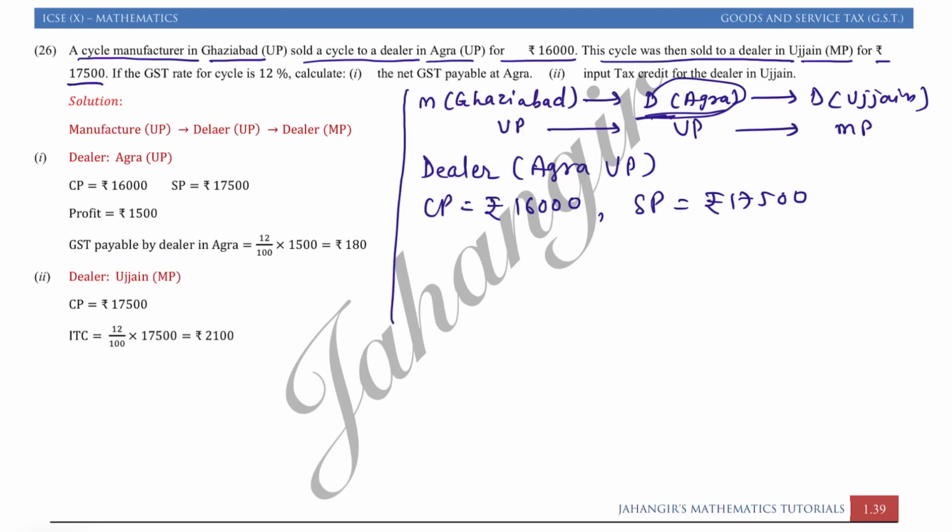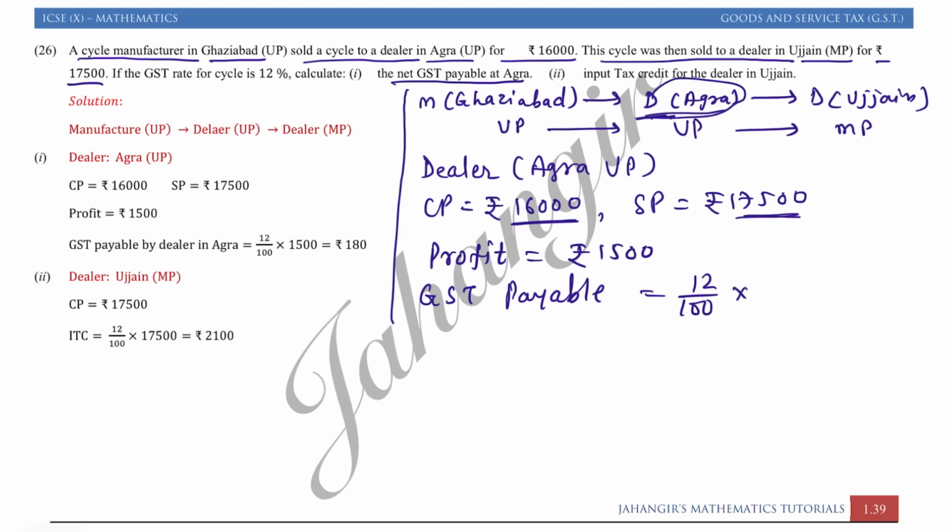So GST payable in Agra will be on the difference, on its profit. So first we will find profit. Profit is equal to ₹1,500 because 17,500 minus 16,000. So therefore GST payable is 12% of 1,500. 15 into 12 is ₹180. This is the first part.